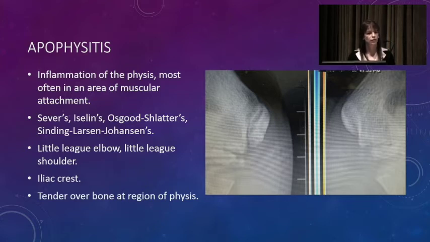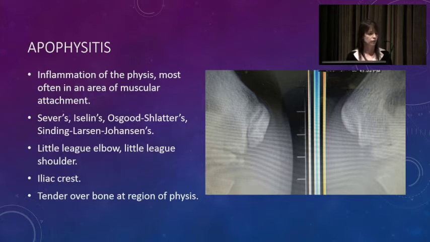During that time, they also tend to build up a lot more muscle mass, which means the muscles are pulling harder on growth plates that can be weaker, being a real setup for an issue with the physis itself becoming inflamed. Oftentimes, they will be tender directly over that physis. You'll push on the medial epicondyle on the inner side of the elbow, and they will be tender directly over it. That is known as little league elbow.